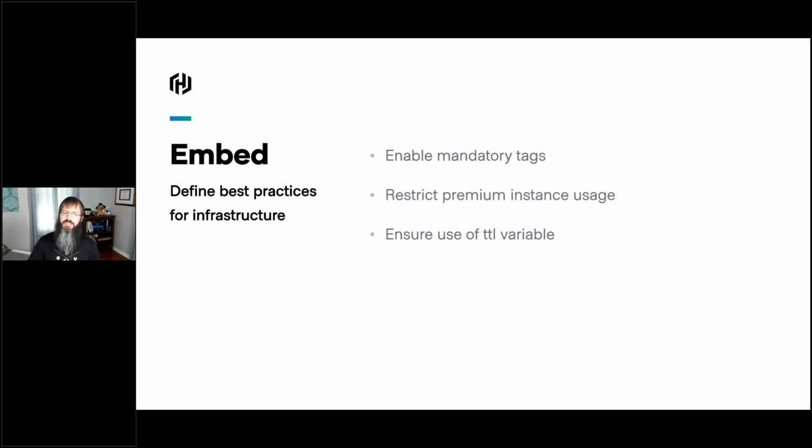We can get into the point of telling, okay, QA development, maybe you all don't need that high tier premium instance for whatever code's being deployed. We can save a little bit of money and keep that premium, that top level instance for our production type of code or workloads.